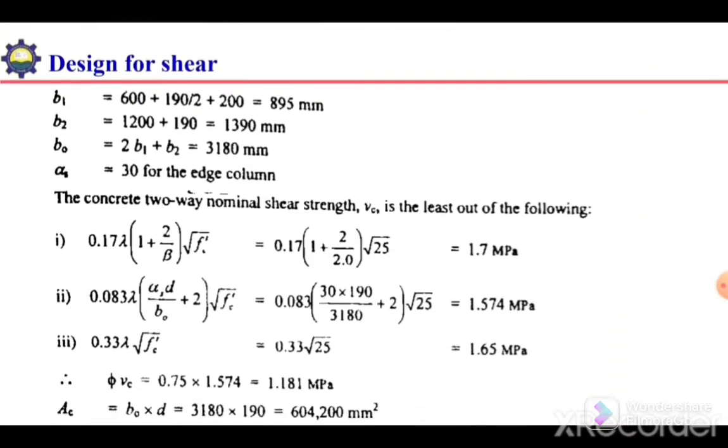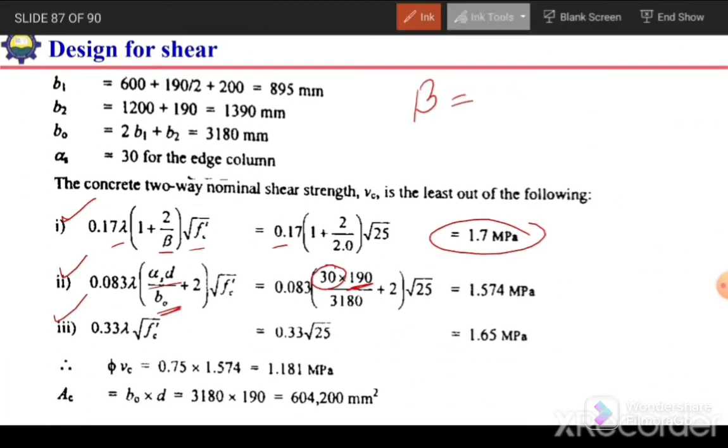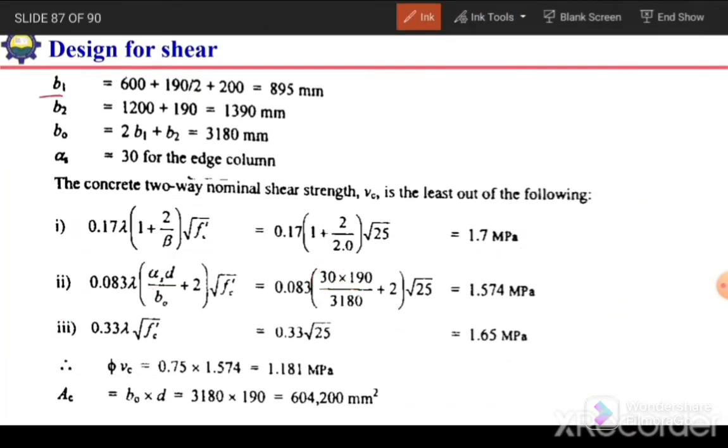So in the next slide we can see how they have calculated. So for b1 in east-west direction, it is 600. We have column like this, 600 and 1200. So this will be the situation.